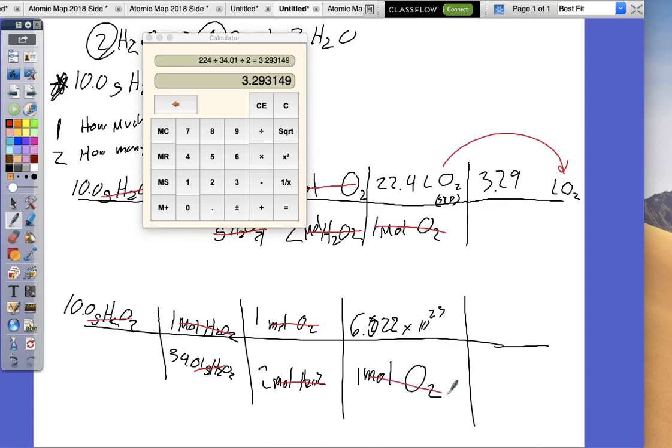So what is 10 times 6.022 times 10 to the 23rd? 60.22. Now we're going to divide that by 2. And then we're going to divide that by 34.01. And that equals 8.